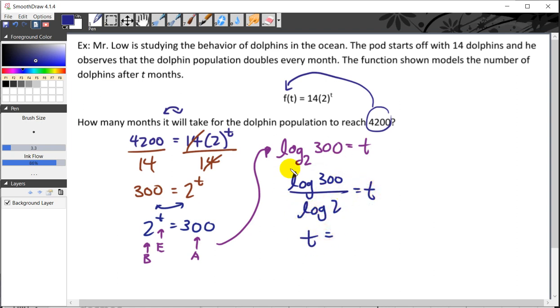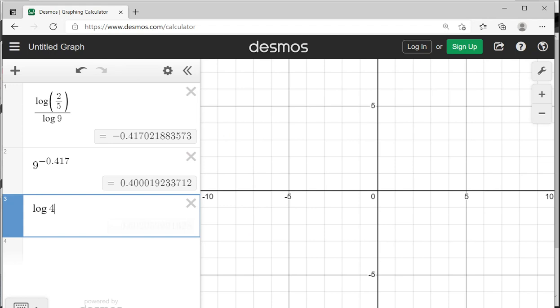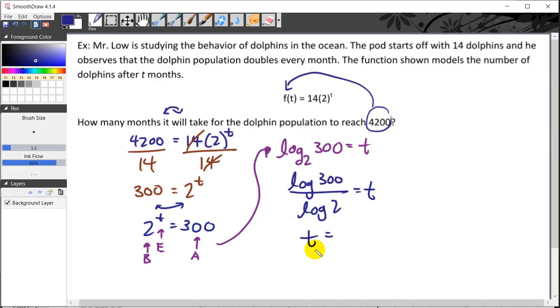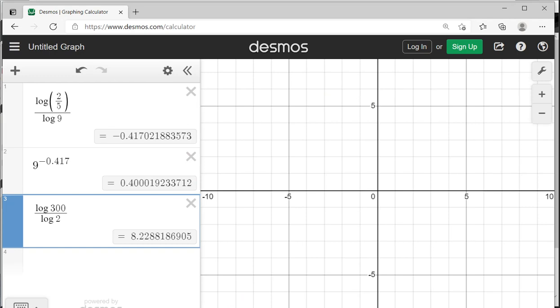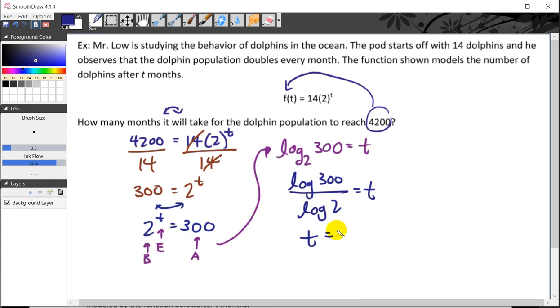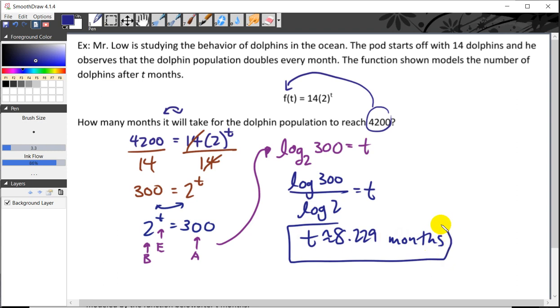So in the context of this problem, t is going to be approximately, well, I didn't say to round, but if we rounded to thousandths, it would be about 8.229 months. So that's how many months it would take for the dolphin population to reach that size.